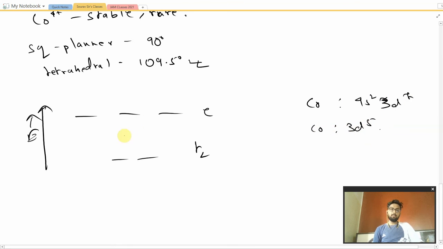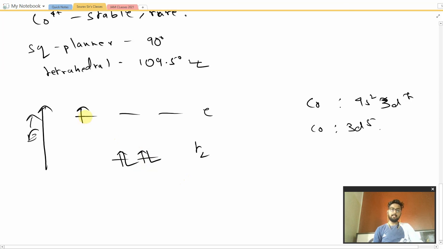Two electrons will firstly move here, then obviously this ligand is a weak field ligand, so firstly this would happen, and then one electron would be present in the unpaired form.